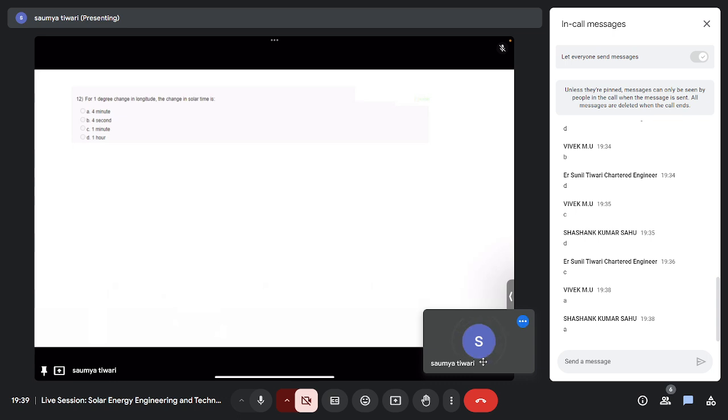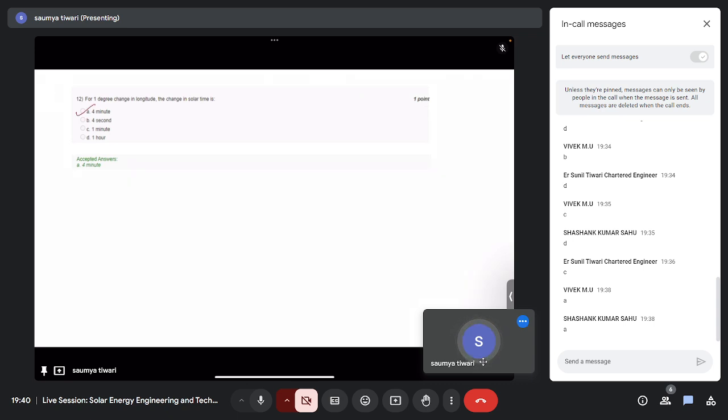Any guess for this question? So let's discuss this question quickly. For 1 degree change in longitude, the change in solar time is 4 minutes.